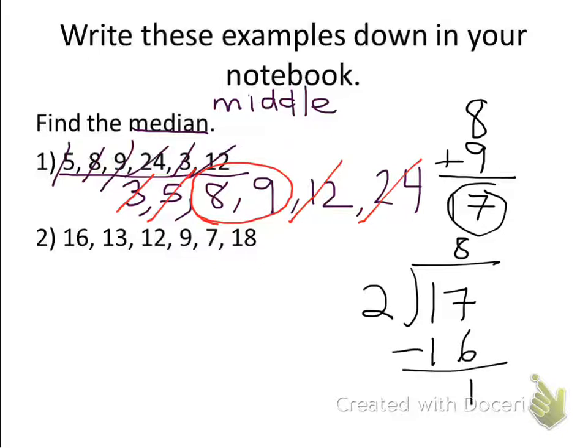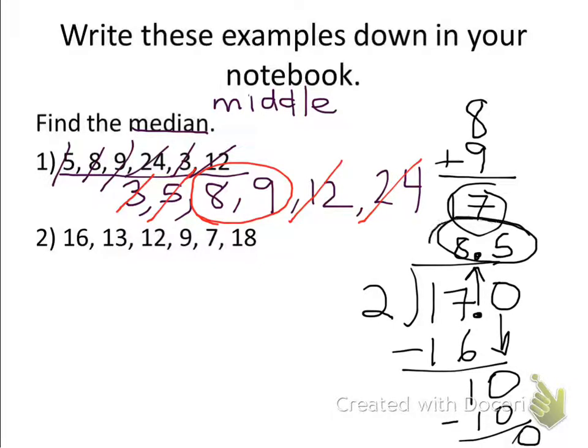Subtraction, get a 1. And then, because we've run out of numbers right here, we're going to add a decimal point, bring up the decimal, and add a 0 here. Then we bring down the 0. How many times can 2 go into 10? I know that, 5 times. 5 times 2 is 10. Subtract it, get 0. So in this situation, the median is 8.5.